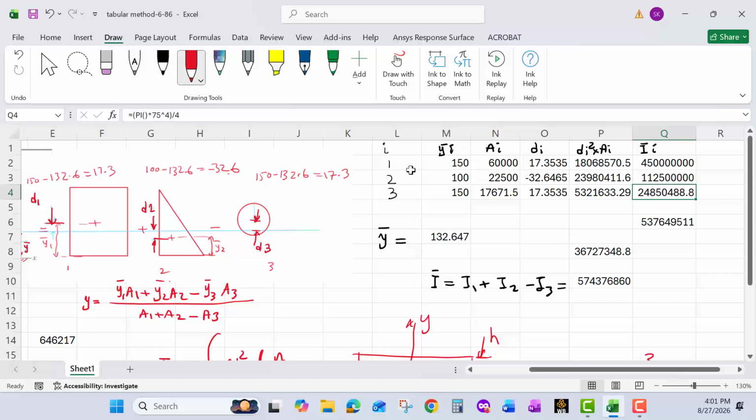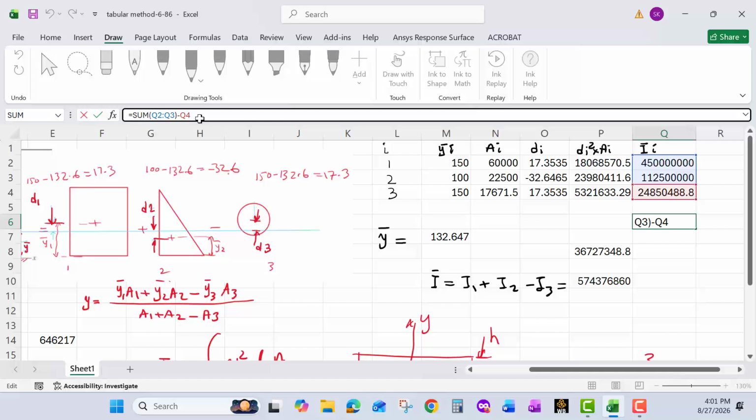Now, to find out the total second moment of area, I need to combine the values of I, but each I is composed of the standard plus the penalty. So I'm adding all the standard values together here, and the last term is being subtracted because this is a cavity, a hole inside the material. So instead of adding that to the previous ones, I have subtracted it.